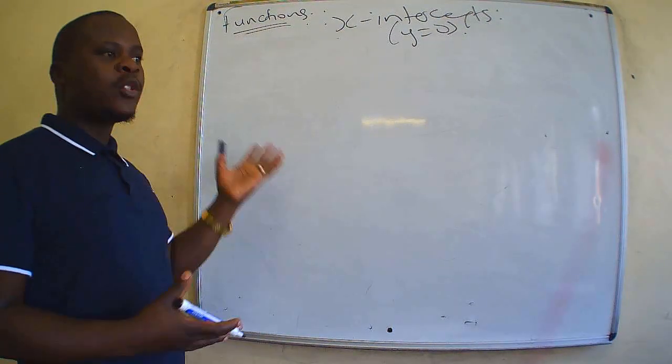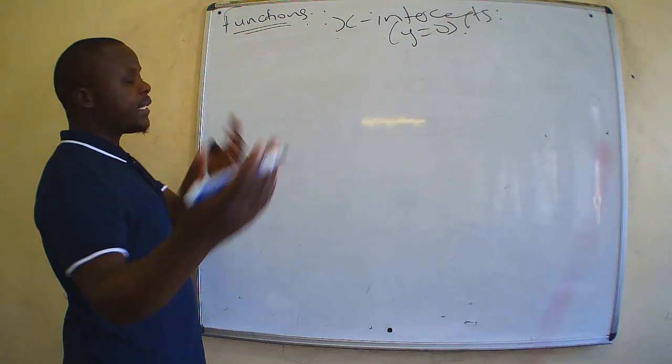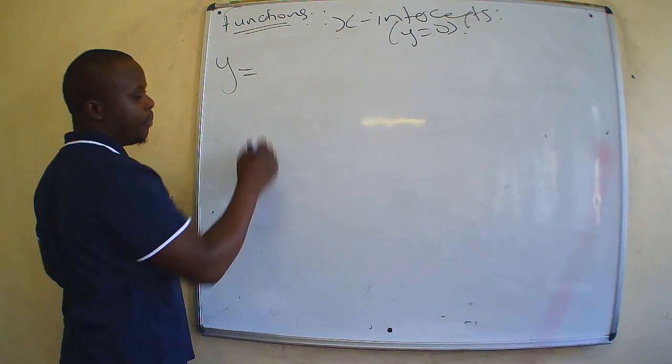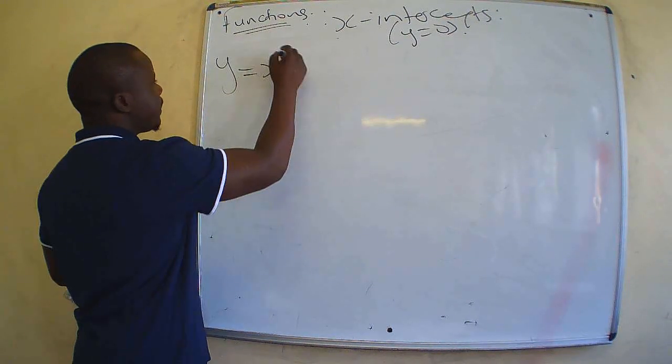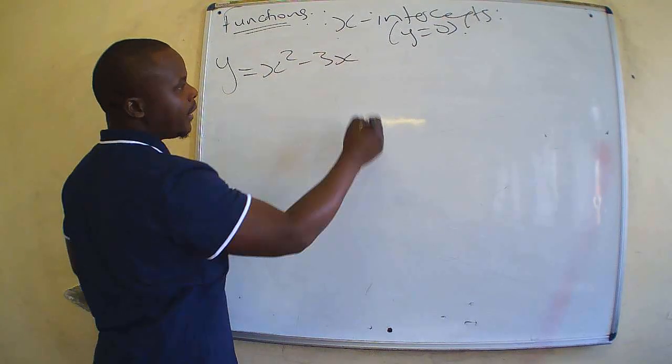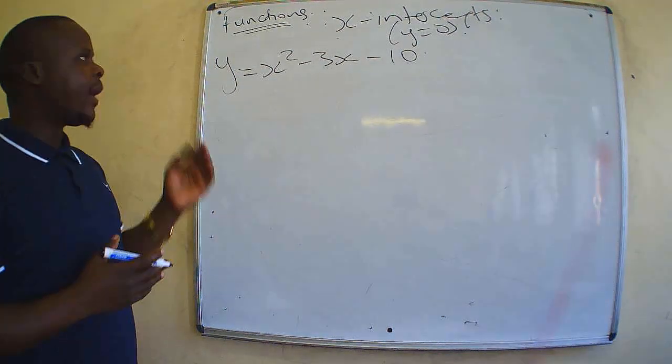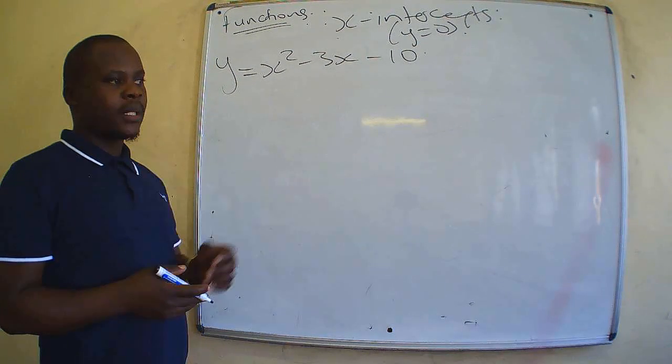When you make y equal to 0, let's have an example. So if we are given y equals x squared minus 3x minus 10. Let's have this example here. How do we find the x-intercepts of this?